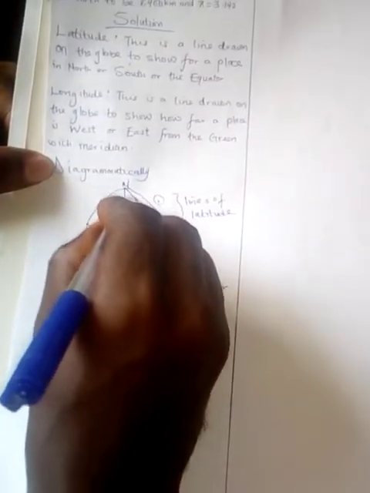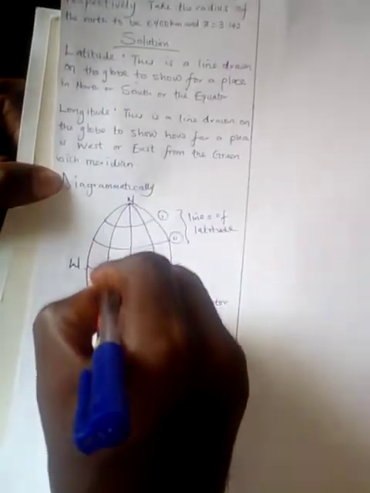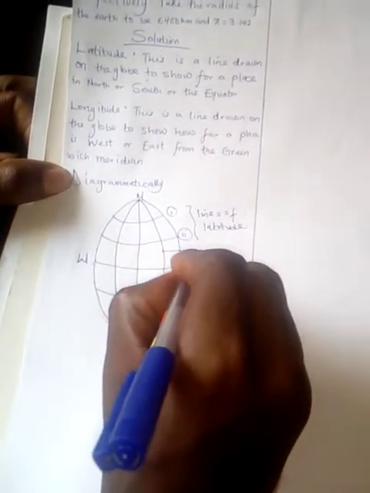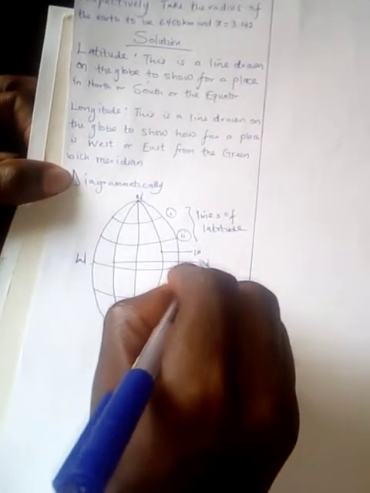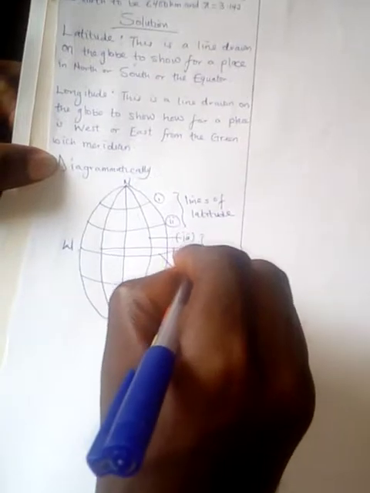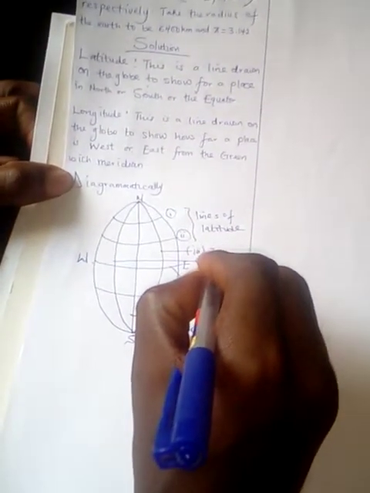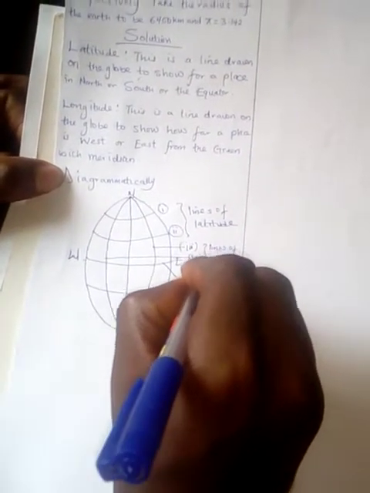So if I have this line and this line, let me label this Roman figure 3 and this Roman figure 4. The lines Roman figure 3 and Roman figure 4 are called lines of longitude.